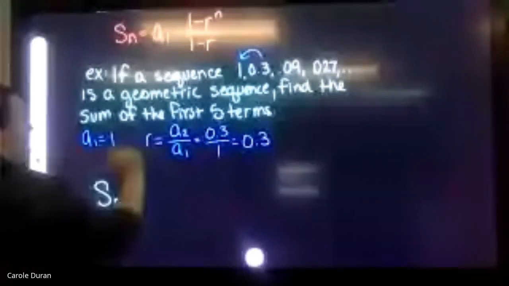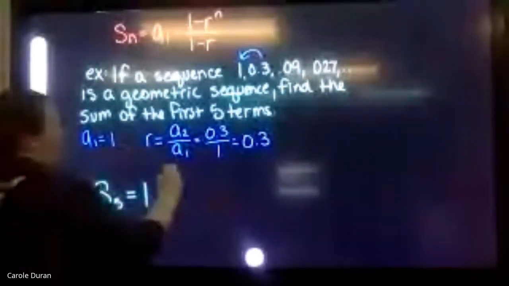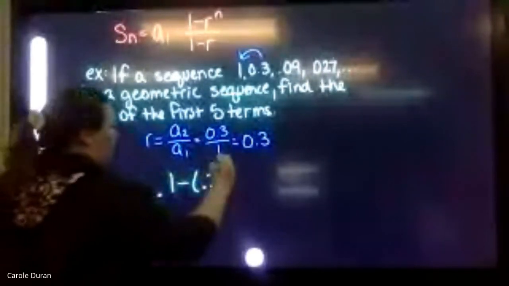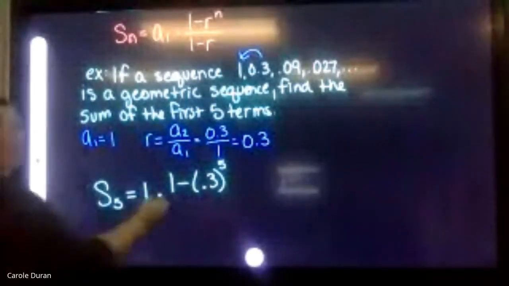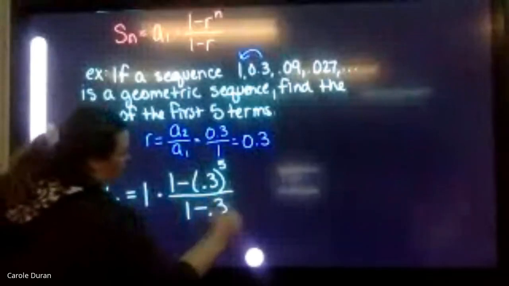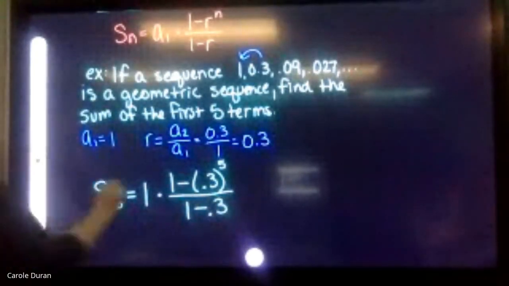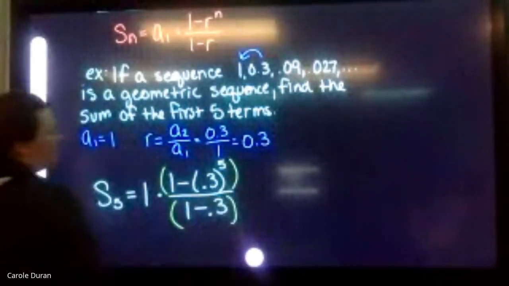Okay, so S of n here equals my first term, which is 1, times 1 minus my ratio 0.3 to the 5th power, because it's my nth power, over 1 minus my ratio 0.3. If you're putting this into a calculator, I highly suggest you parenthesize your numerator and parenthesize your denominator.